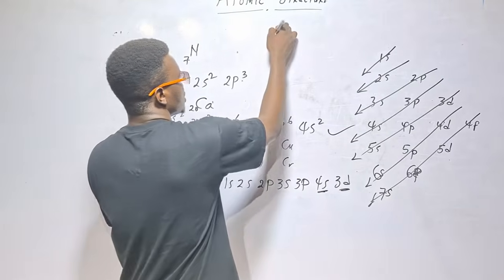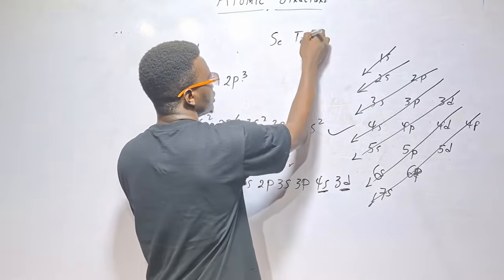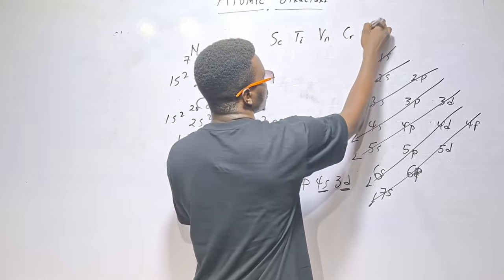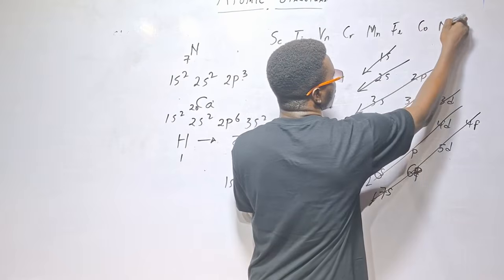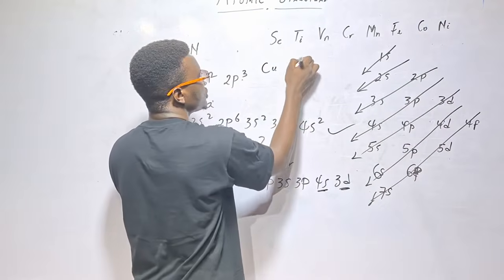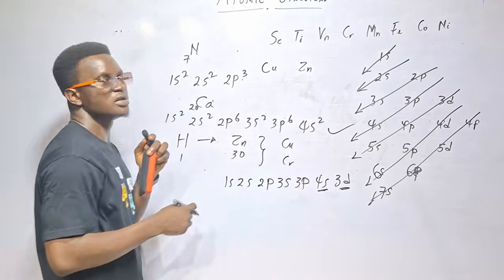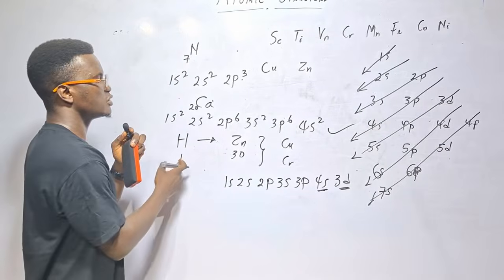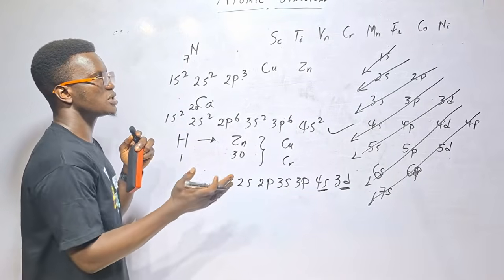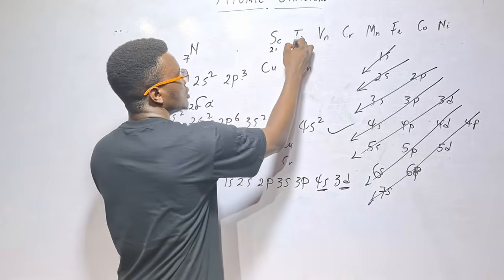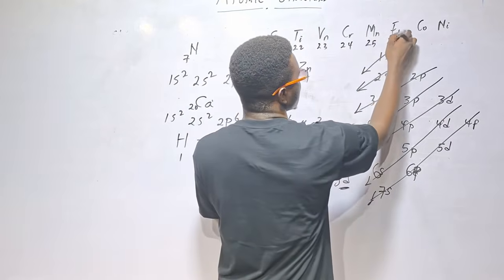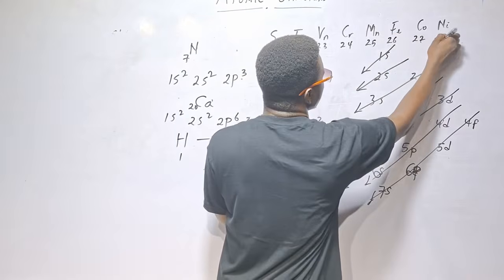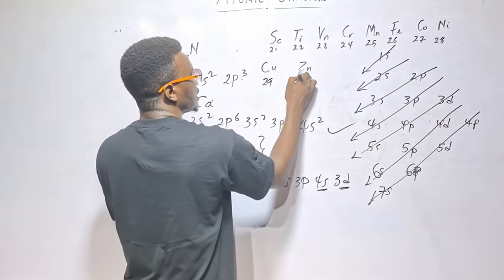You can remember this: "School, Tivin, Krumi, Fe, Koni, Cuisine." Those are the next 10. If you know from hydrogen to calcium, which is 1 to 20, this is from 21, 22, 23, 24, 25, 26, 27, 28, 29, 30.